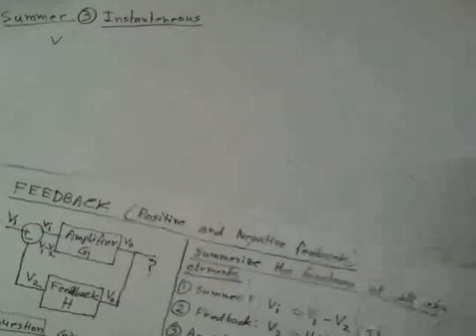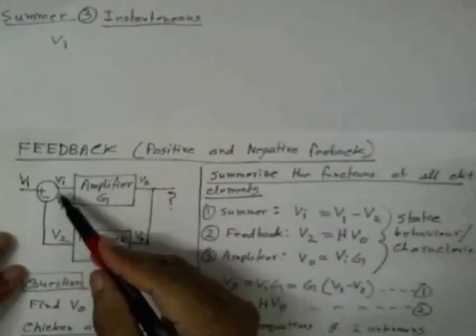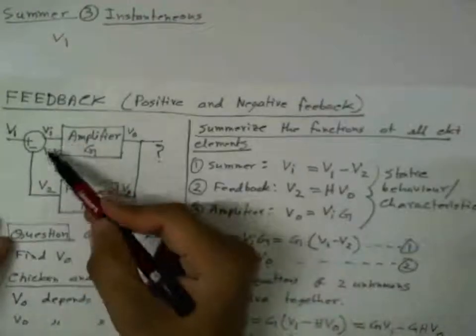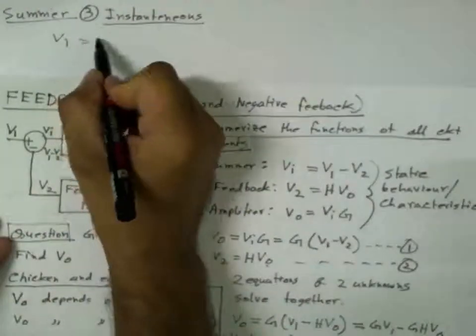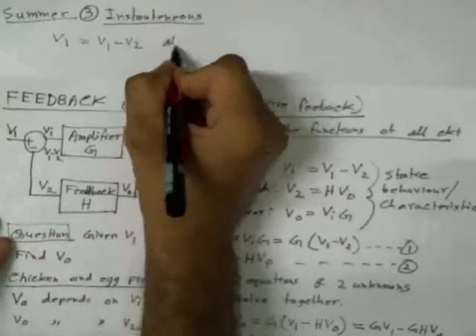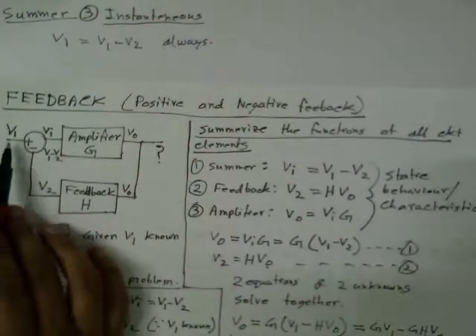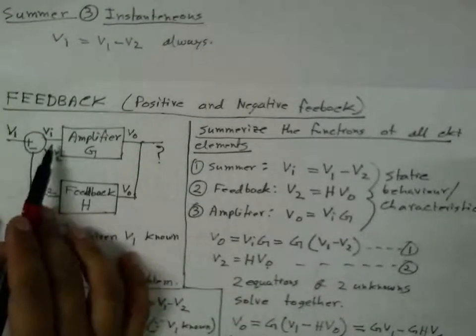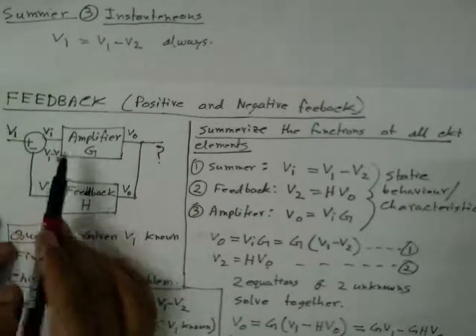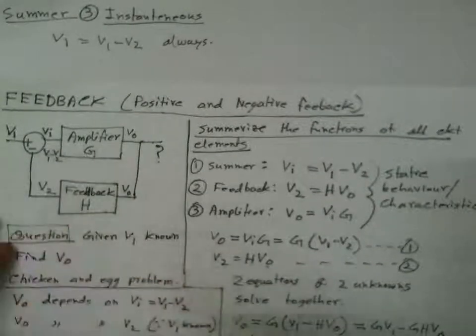Let's look at the circuit. Vi, the output, is the difference between V1 minus V2, and this is always true. So this happens instantaneously. You change V1, suddenly Vi is changed instantaneously, or you change V2, suddenly Vi is changed instantaneously.